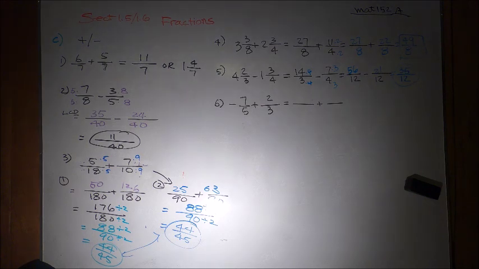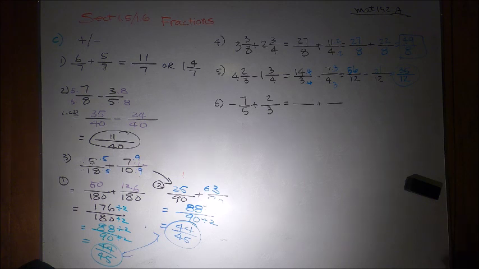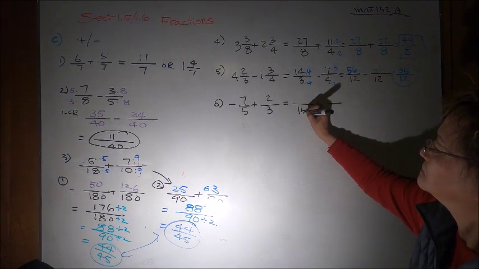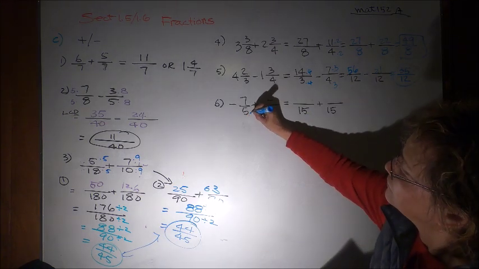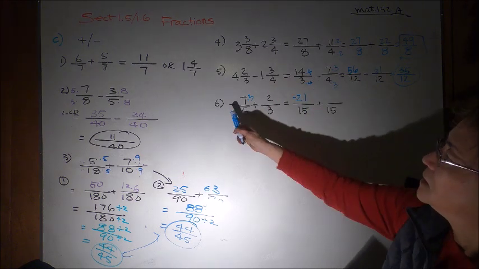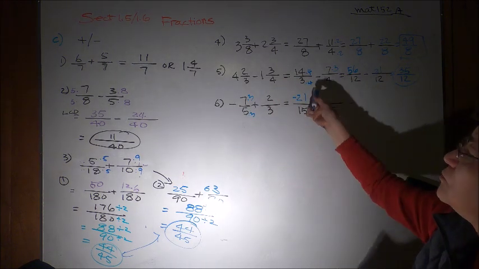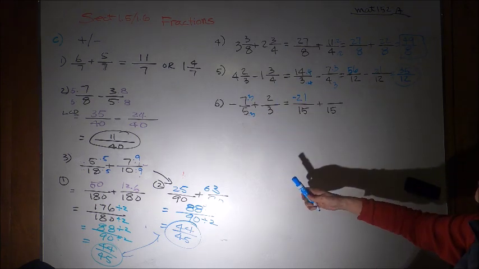Let's look at the next one. Negative 7/5 plus 2/3. So what's your LCD? 15, right? Then 5 becomes 15, times 3, minus 21. Negative you can leave outside or move to the top. Either way, but we don't leave it on the bottom, right? So usually we just move it to the top.